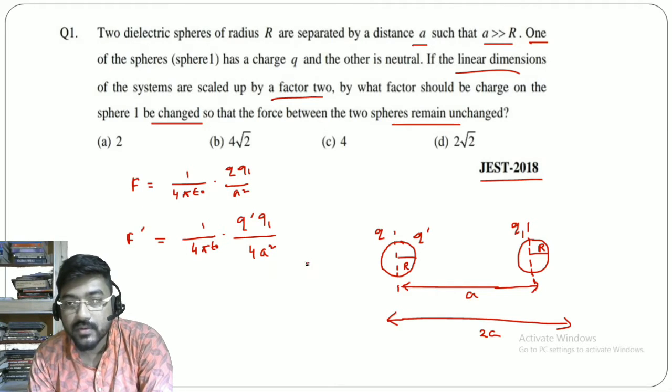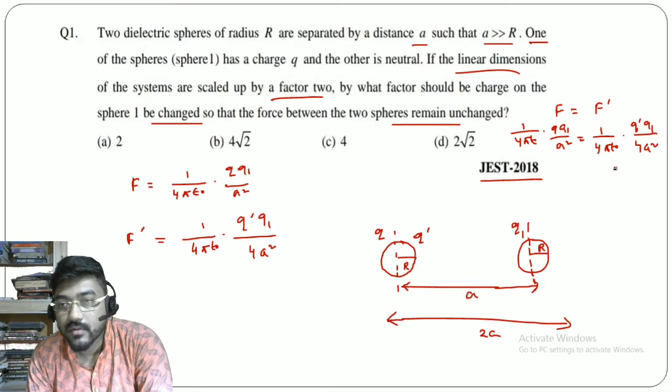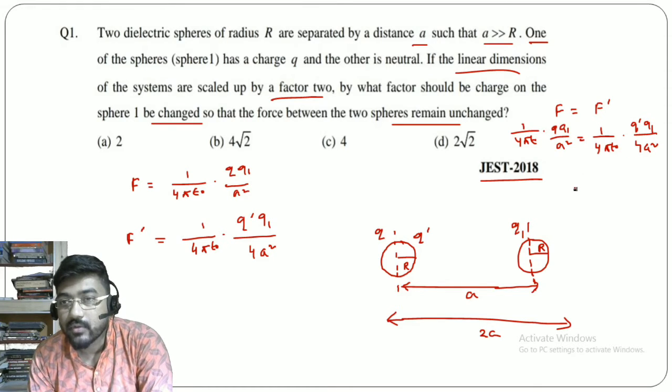If we put the condition that F is equal to F dash, we will get 1 upon 4 pi epsilon naught into q q1 by a square is equal to 1 upon 4 pi epsilon naught into q dash q1 upon 4a square. So a square and 4 pi epsilon naught will be cancelled out, q1 also cancelled.